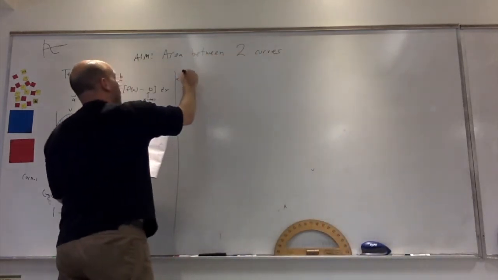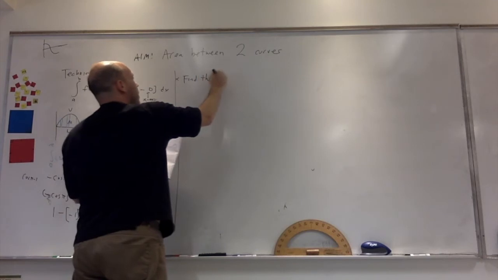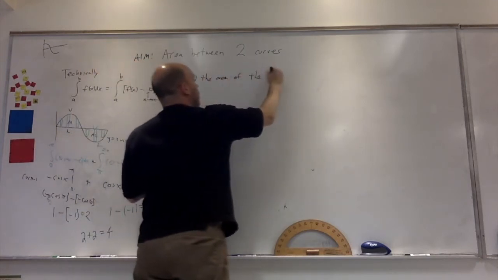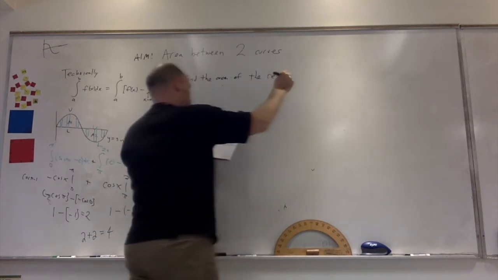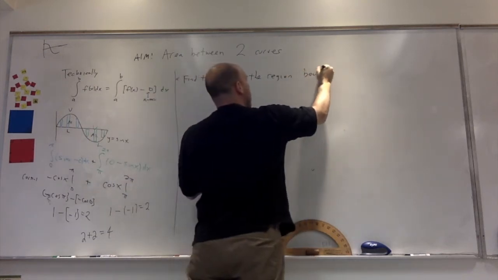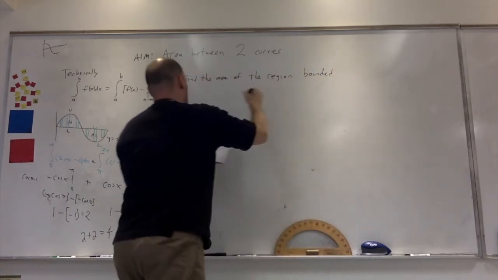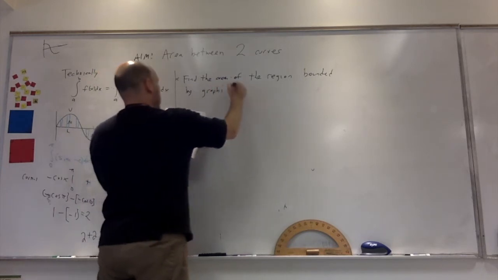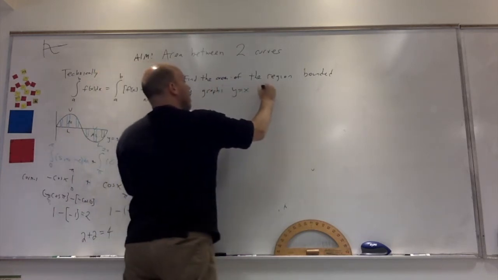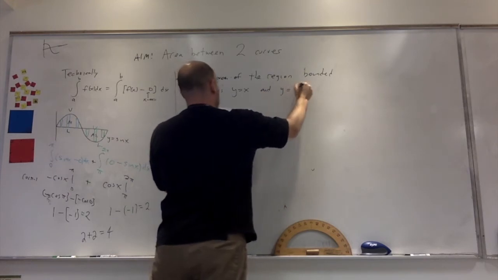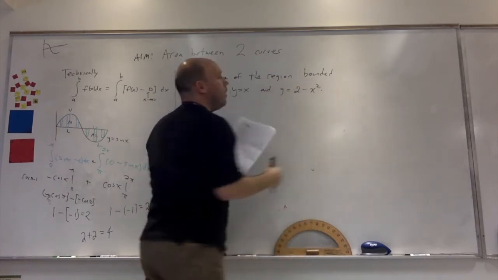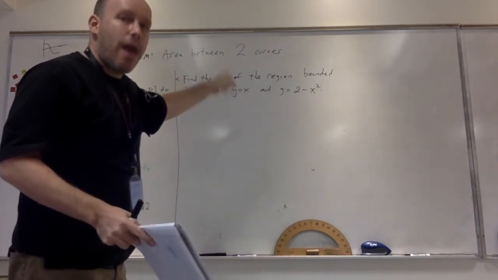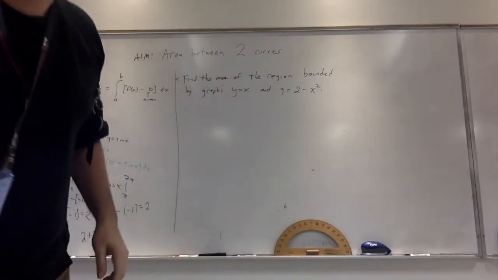Find the area of the region bounded by the graphs y equals x and y equals 2 minus x squared. I'm going to give you a sec. Why don't you pause the video? I want you to sketch these graphs and see if they have intersection points.